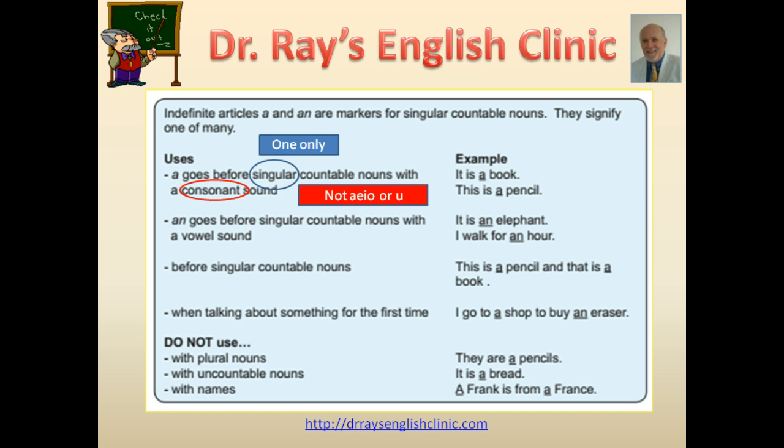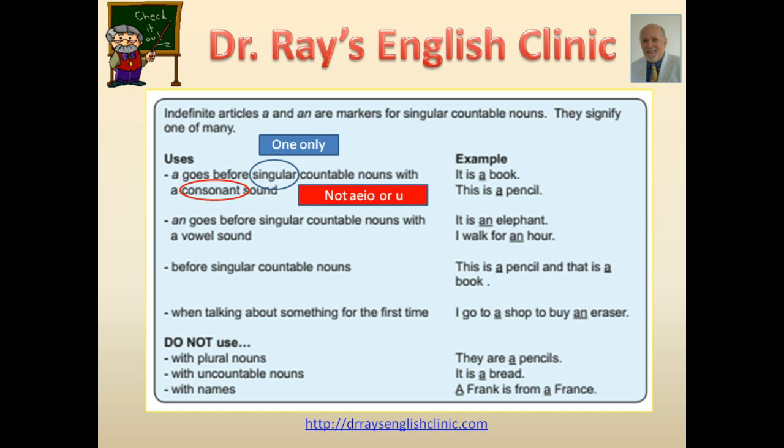Single. A consonant sound, b, okay, it's not A, E, I, O, U, right. So, it fits the rule. This is a pencil. Single, yes. Consonant sound, p, so it's correct.